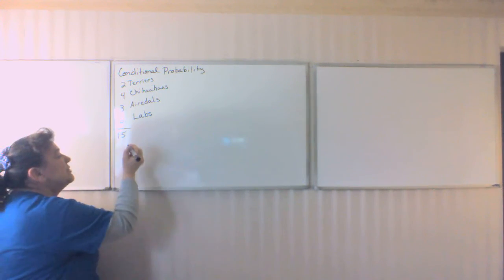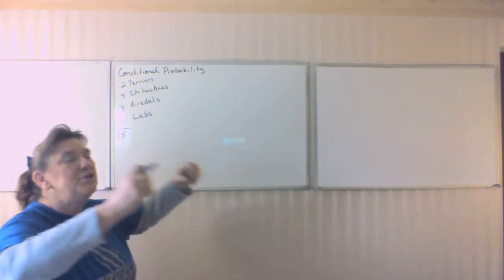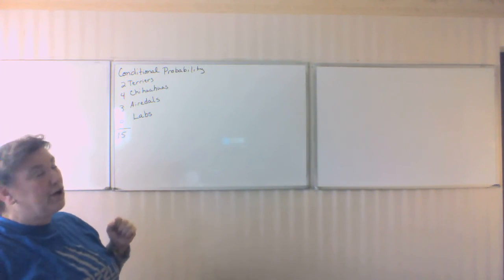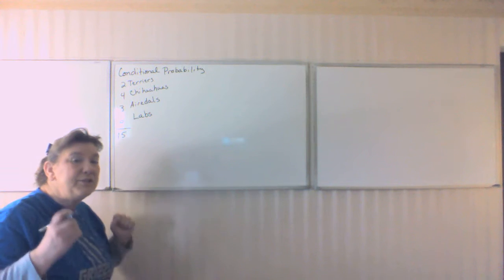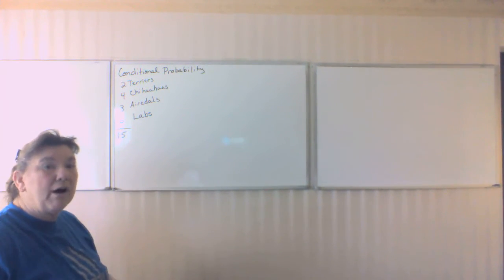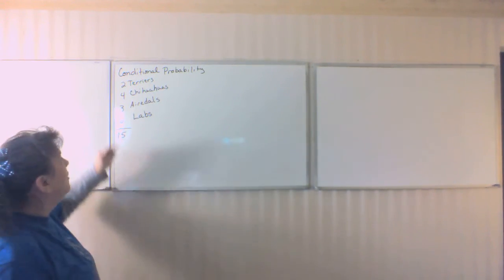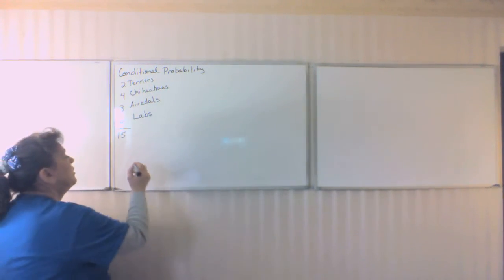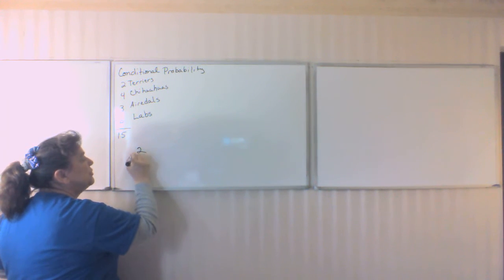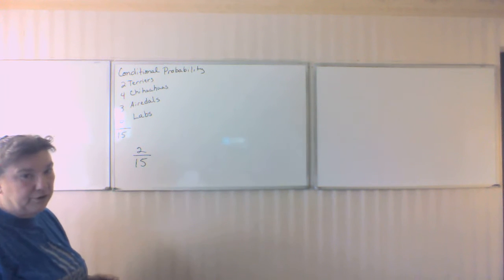Okay, so the first little boy closes his eyes and he randomly reaches into the pen with all the dogs. What is his chance that that first little boy is going to draw a terrier out of that group of 15 dogs? Well, there's 2 terriers, so boy number 1 has a 2 out of 15 chance of getting a terrier.